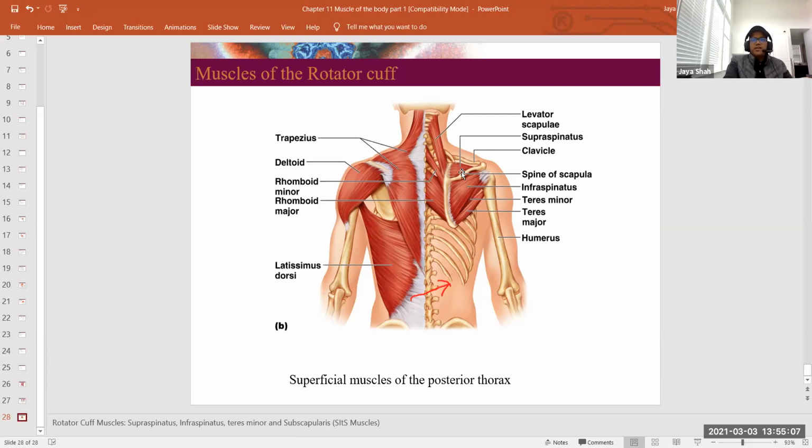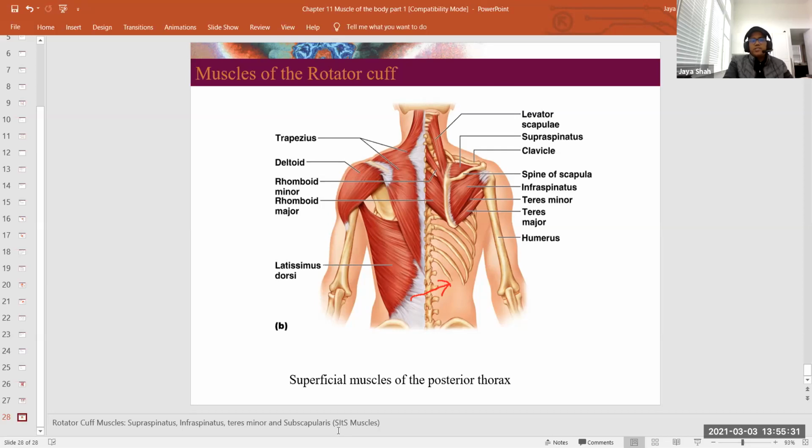So supraspinatus, infraspinatus, teres minor, not the major. And then subscapularis, you cannot see here, that is under the scapula, deep in the scapula. You are looking from the back. Okay, so these muscles are the rotator cuff muscles.